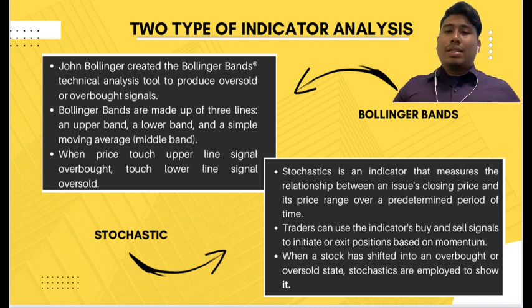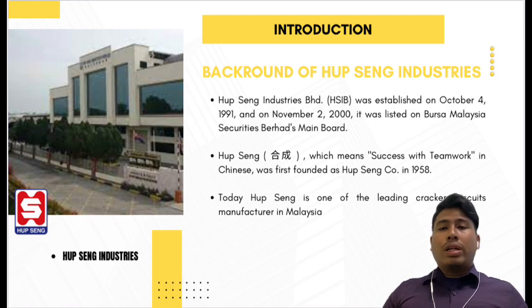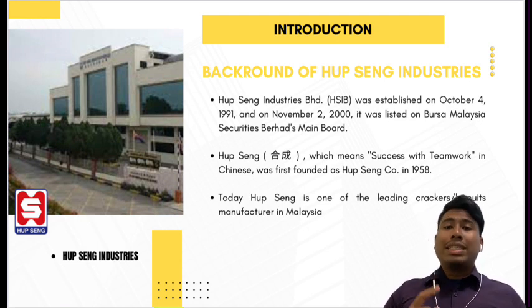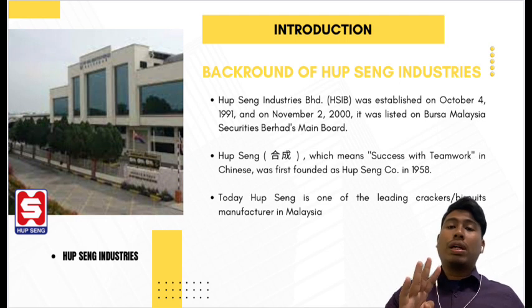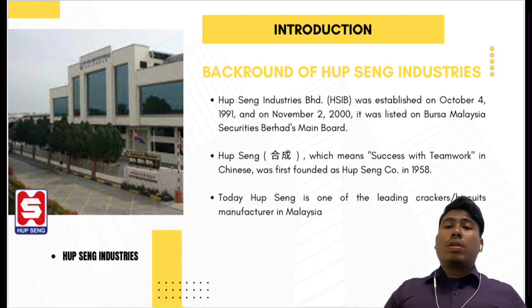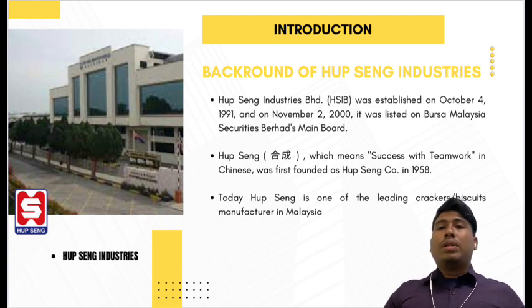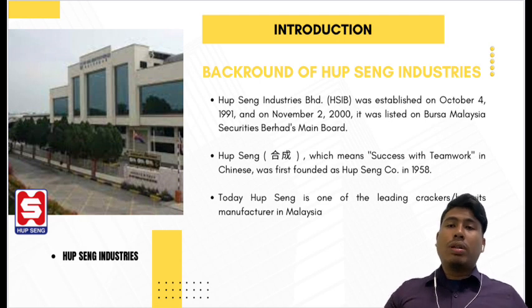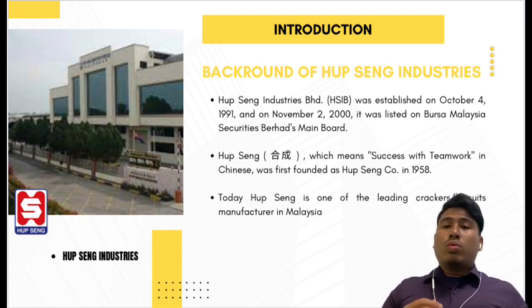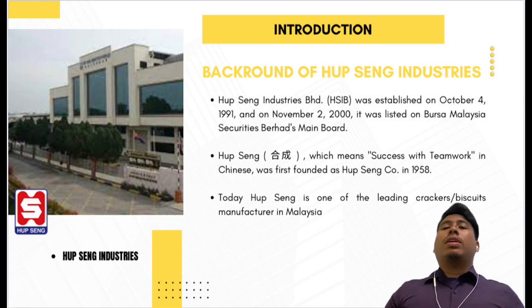it to investors. Now we go to the introduction of Hafsing Industry, or we call it the background of Hafsing Industry. Hafsing Industry was established on 4 October 1991 and started to list on the Bursa Malaysia Securities Berhad Main Board on 2 November 2000.